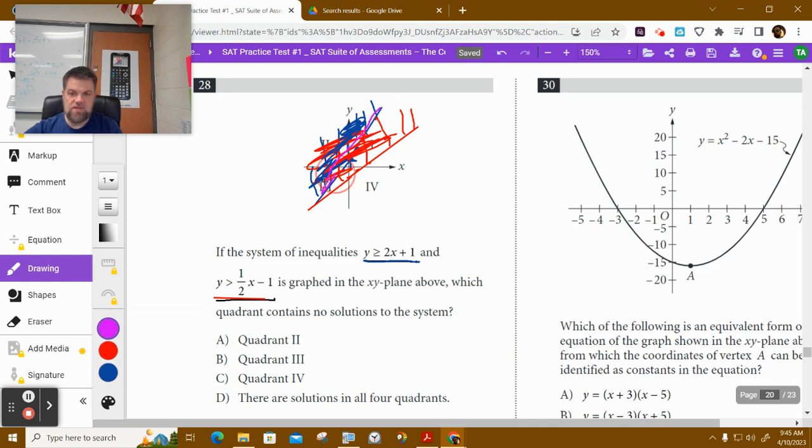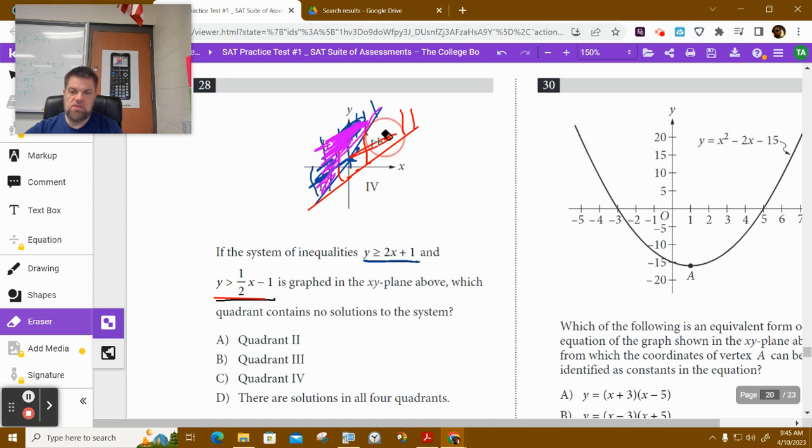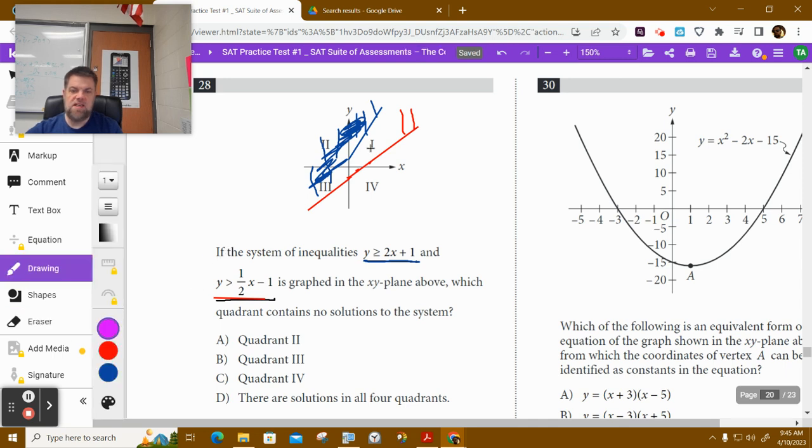It has to satisfy both. Does that make sense? So all this region right here is not both. Only the purple is both, so only from here on up is both.